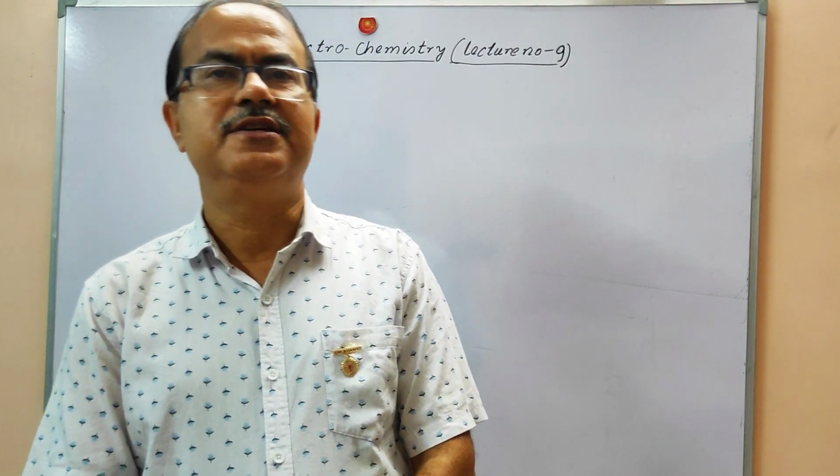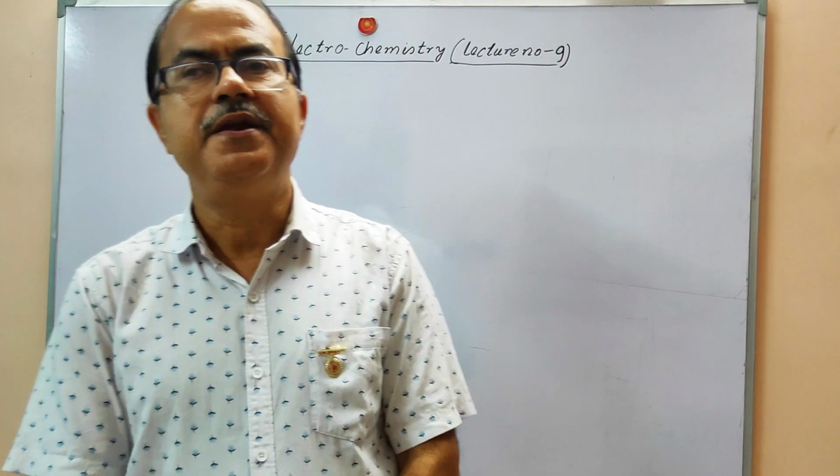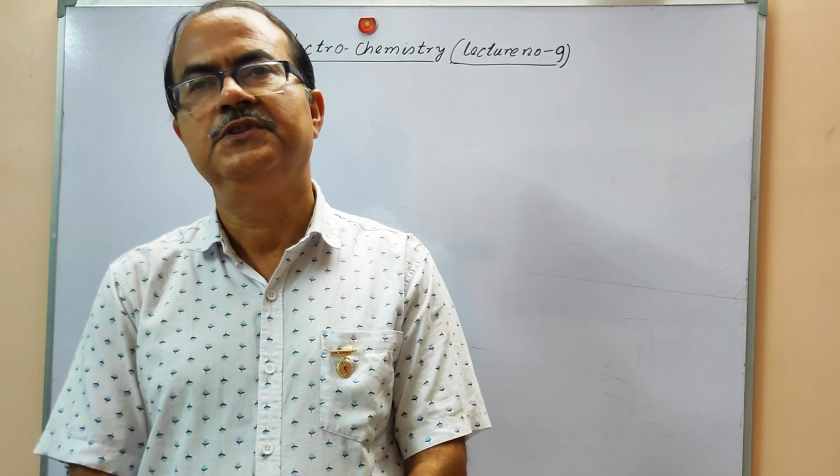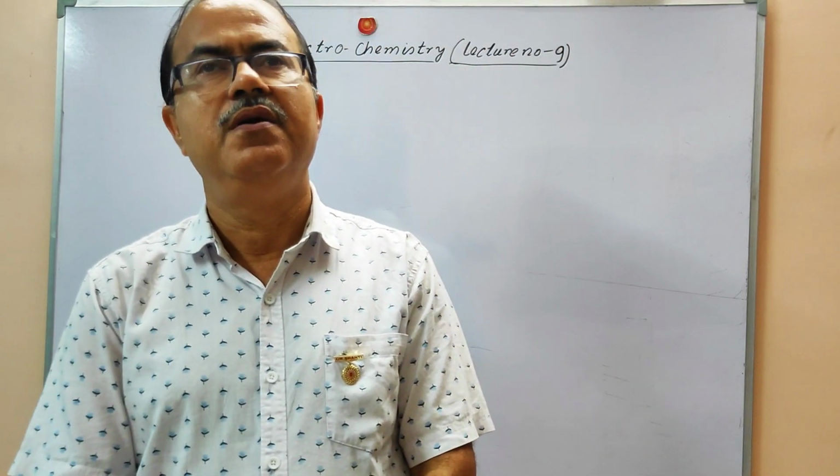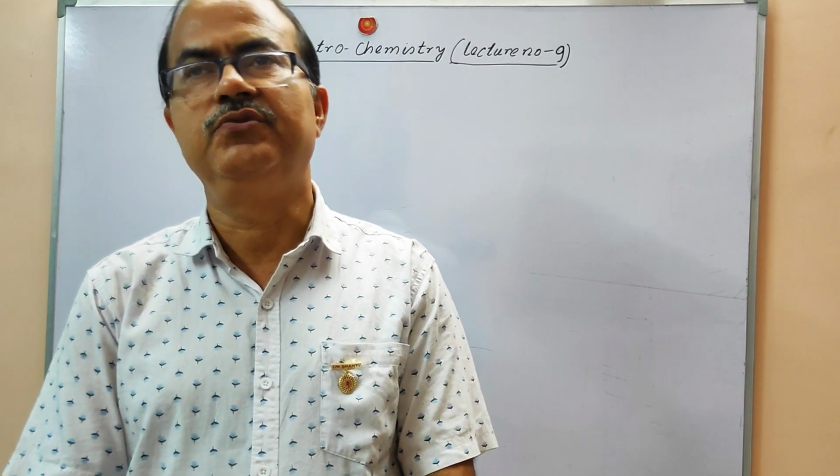In the sixth lecture we discussed again a very important topic, different types of batteries: the primary battery, the secondary battery, and how the cell reaction occurs to convert the chemical energy to electrical energy.